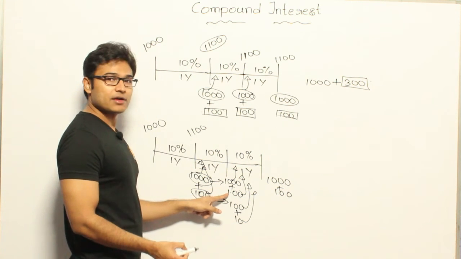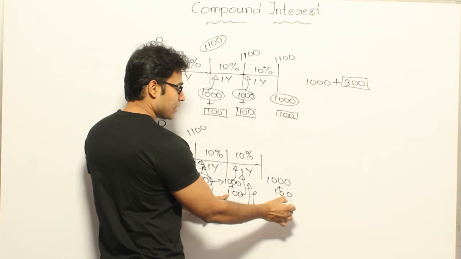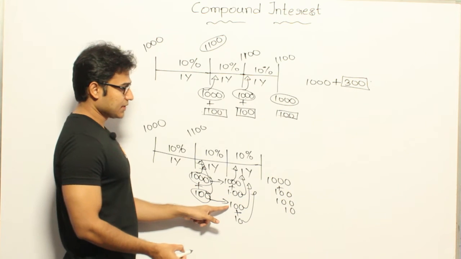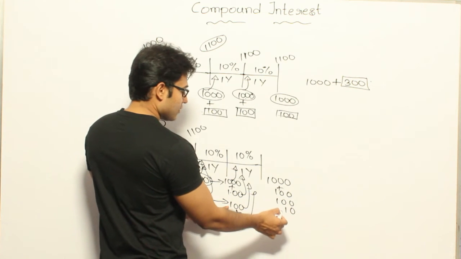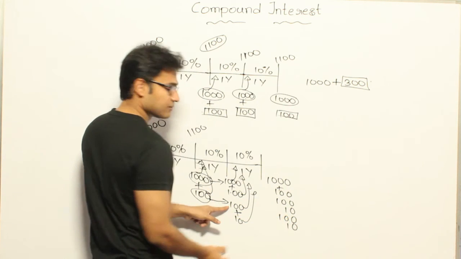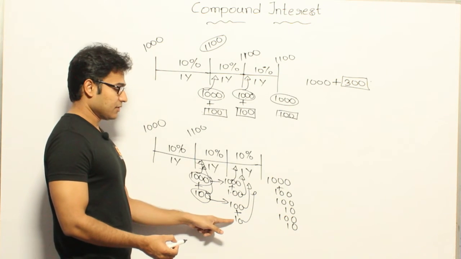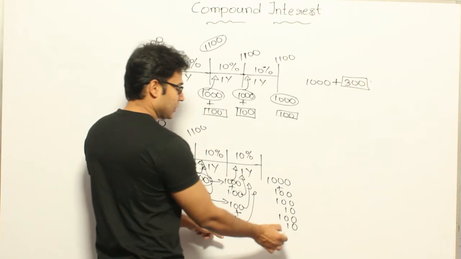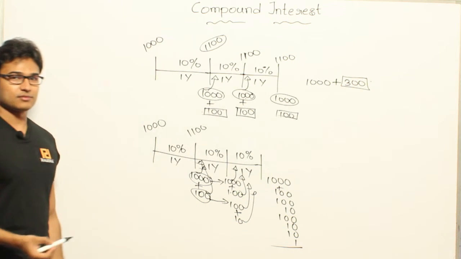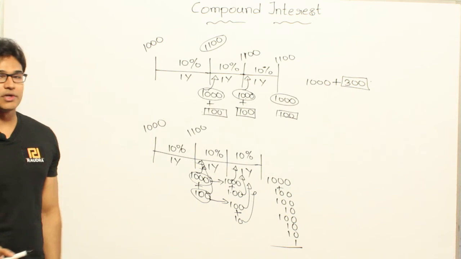And again this 100 is going to give you 100 plus 10, and again this 100 is also going to give you 100 plus 10, and again this 10 is going to give you 10 plus 1. Got it? So this is how it is going to get compounded.